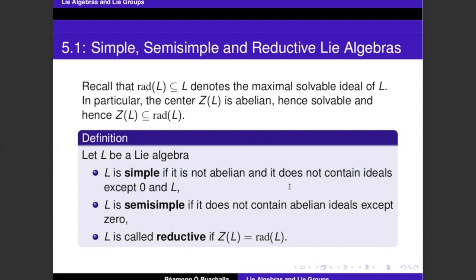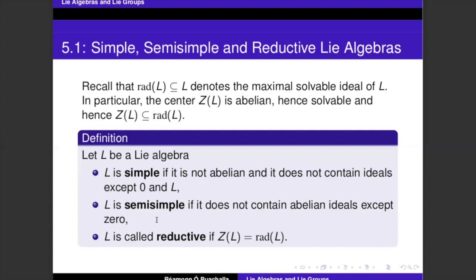We'll recall this again later on. Simple contains no ideals except 0 and L, but L is excluded because it's assumed not to be abelian. So it's a generalization where we change from ideals to abelian ideals.